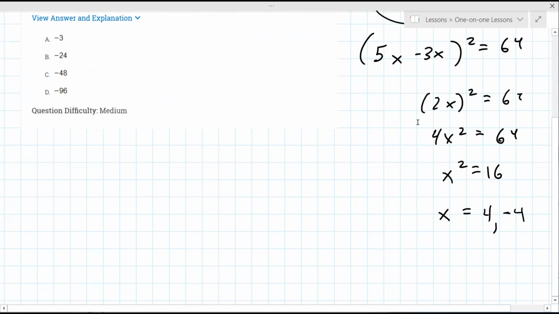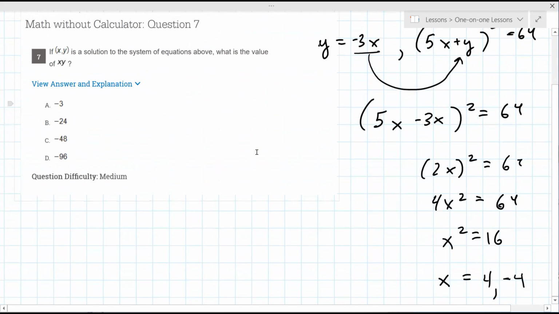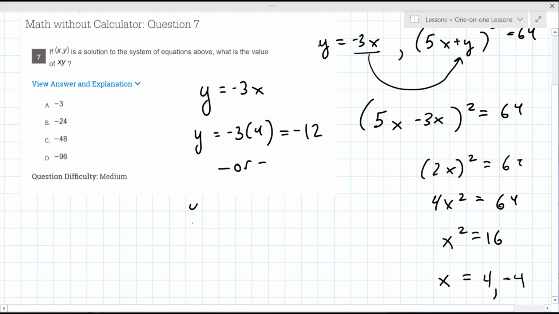We don't know which one is correct. Actually, it looks like they were kind of nice here. They didn't include the negative as an answer. That's not the answer, and we can look at the answer space and say, okay, none of those match. So I either did something wrong or I haven't finished here. y is equal to minus 3x. So y is equal to minus 3 times 4, which is negative 12. Or y is equal to negative 3 times negative 4, which is positive 12.